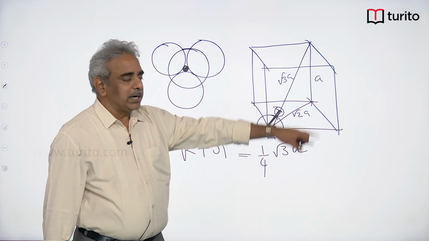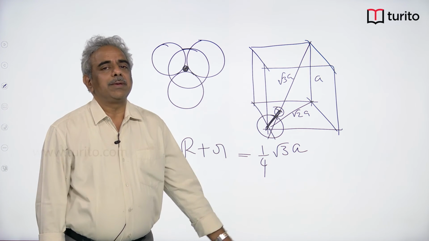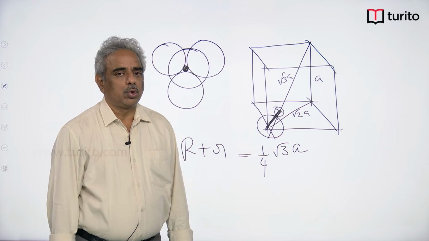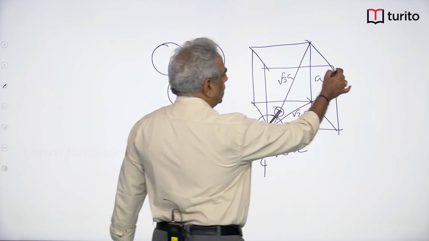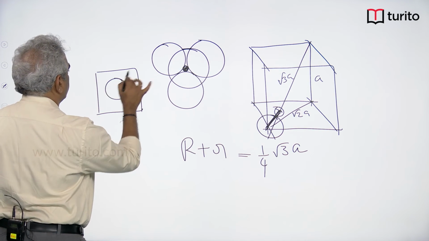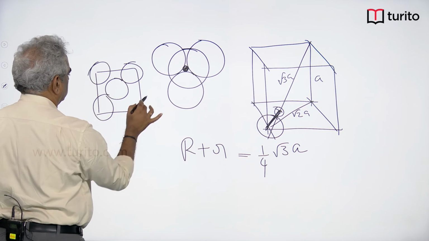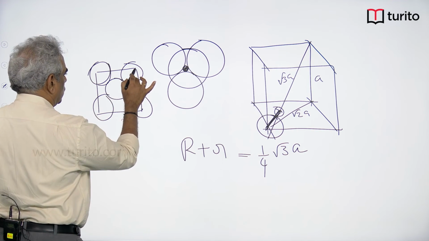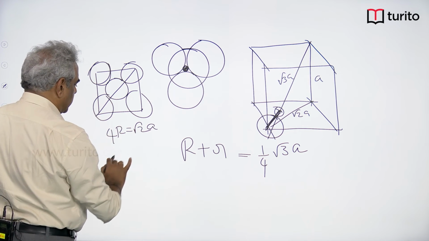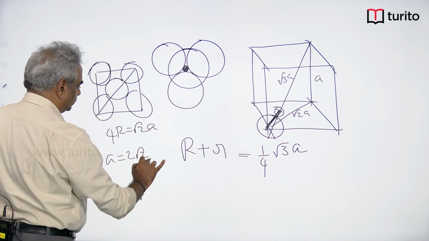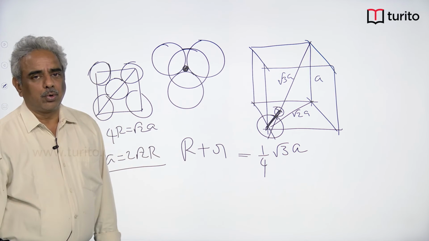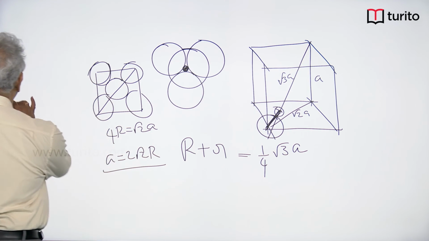And what is a in an FCC unit cell? Many times I told you, a is 2 root 2 R. How? Because in an FCC unit cell, the face is made up of this arrangement. So if you connect these, 4R is equal to root 2a, a is equal to 2 root 2 R. So in place of a, I can keep 2 root 2 R. Let me come back.